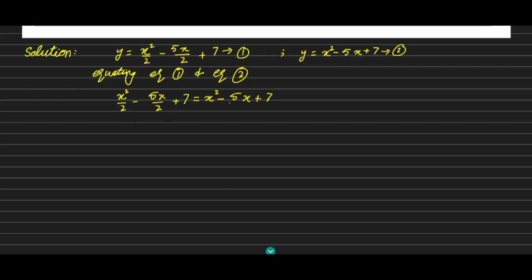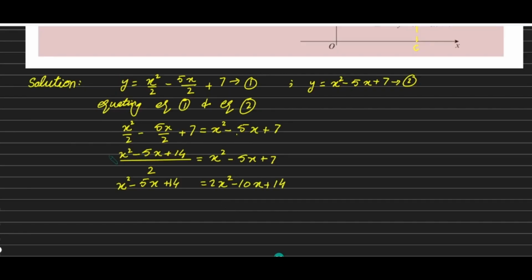For this, we will take the LCM on the left side. Now we write 2x squared minus 10x plus 14 minus x squared plus 5x minus 14 equals 0. We have moved the left terms to the right side and the signs have been changed.